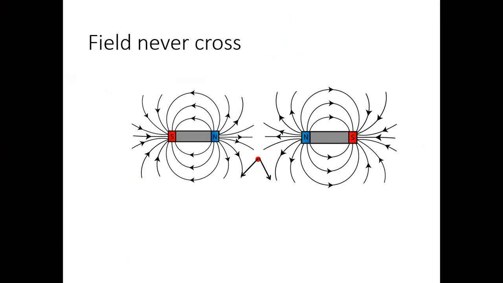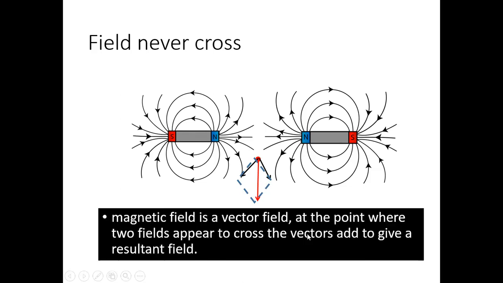It looks like they are intersecting, but remember that the field is a vector field, so we add the two vectors and get a resultant. So they don't intersect. They interact to give a resultant. That's the key important thing. Magnetic field is a vector field.